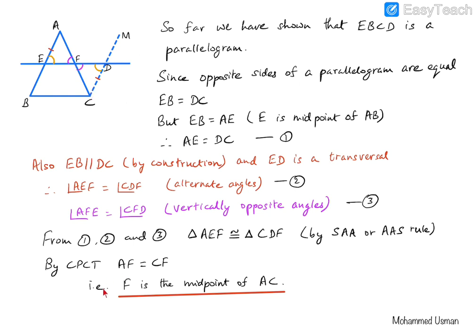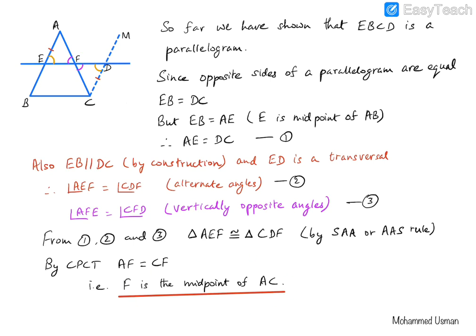So therefore we have proved that F is the midpoint of AC. Okay, so the converse of the midpoint theorem states that the line passing through the midpoint of one side and parallel to the second side bisects the third side. So we have shown that AC is bisected by this line segment which is parallel to BC, and therefore AF is equal to FC. That means F is the midpoint of AC.